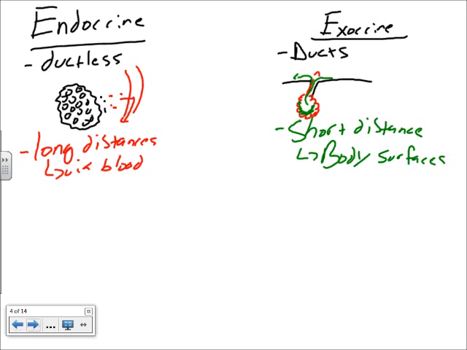Now, I don't want you to always think that exocrine secretions are always traveling outside of the body. Almost all the examples I'm going to talk about are going to be exocrine glands found within the skin. But, for example, the liver and the pancreas also have exocrine gland functions.